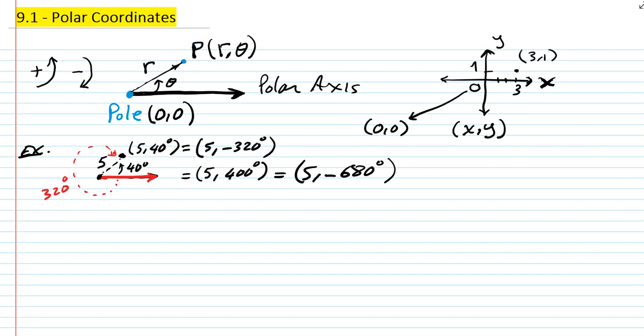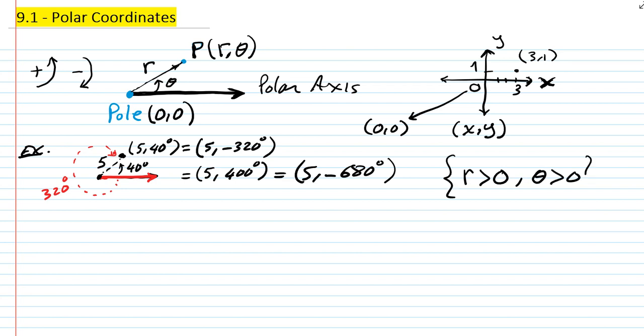The polar coordinates of a point are not unique in the polar coordinate system, whereas in a Cartesian coordinate system they are unique. So how are we going to get around this? Well, there's going to be some kind of a convention, right? So let's agree that we're going to make r positive, okay? And we're going to choose theta to be positive also.